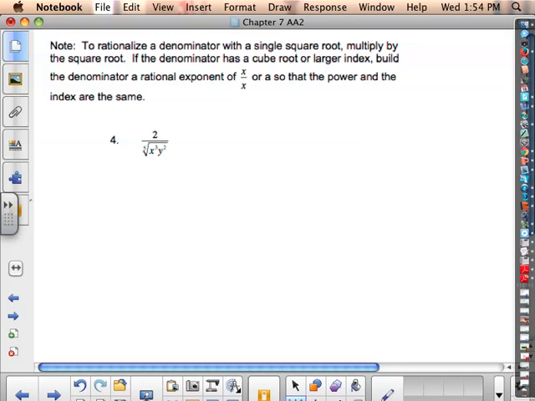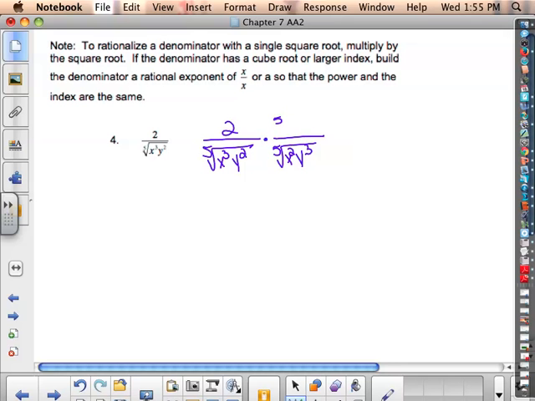So now, when we take a look at number 4, that looks like I have, let me rewrite that, it's not very legible, 2 over the fifth root of x to the third y squared. So I want to build that up so that I have x to the fifth, y to the fifth, and then the fifth root. So the fifth root of x squared, y to the third.